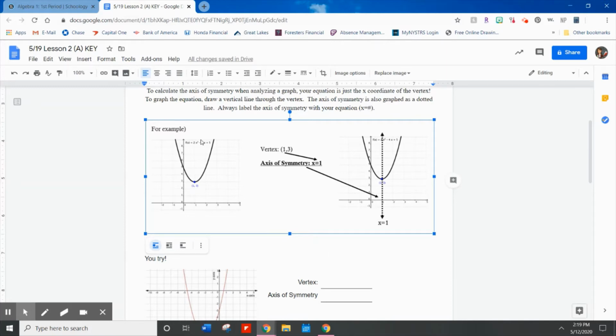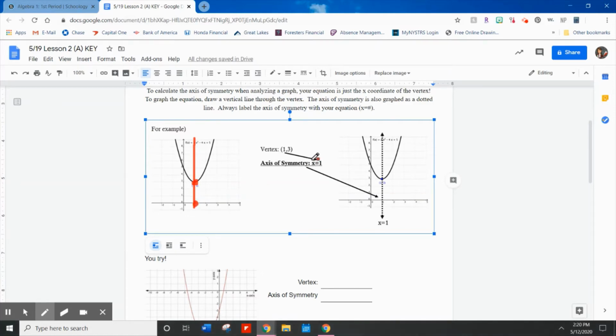So let's just look at this first example here. Your vertex is at (1, 3). If I were to draw a vertical line to cut this parabola in half, it will go right through the vertex. When I graph this vertical line, do you see how it intersects the x-axis at 1?